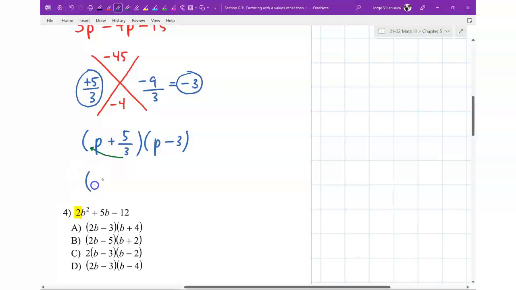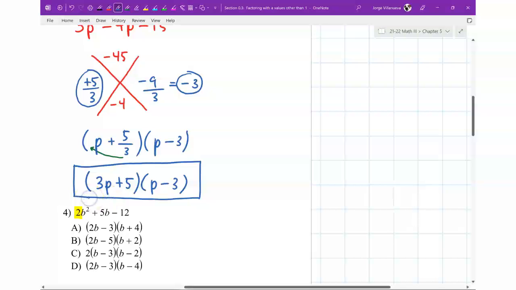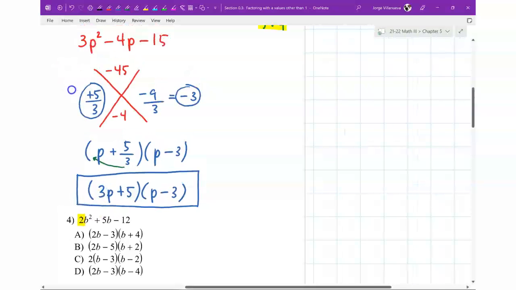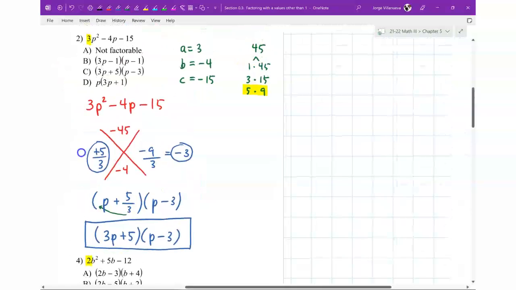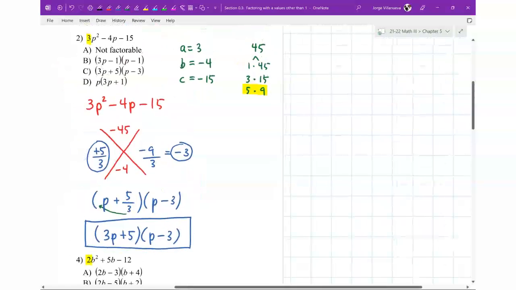So, 3p plus 5, p minus 3. This is my answer. 3p plus 5, p minus 3. So if I go back, let me zoom out just a bit. My answer is going to be C. 3p plus 5 and p minus 3.